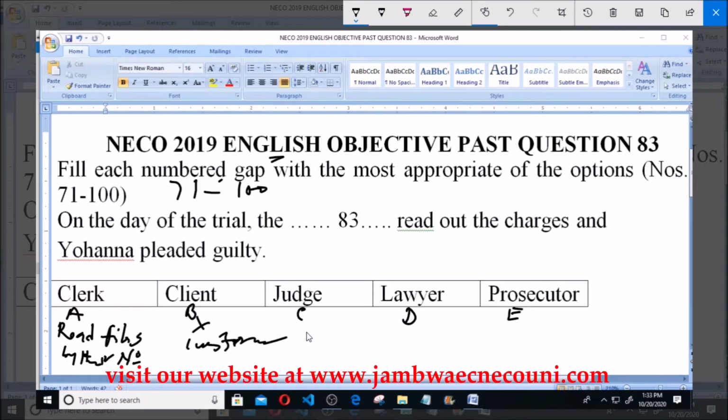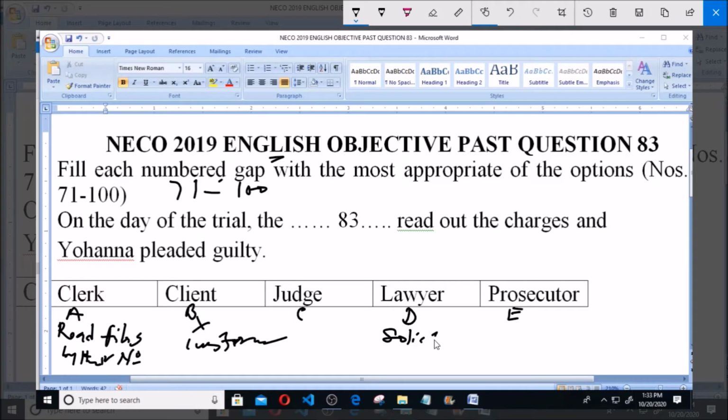Then judge is the person who takes the final decision in the court, while lawyer is a solicitor in a court of law. Prosecutor means the person that wants to prosecute.